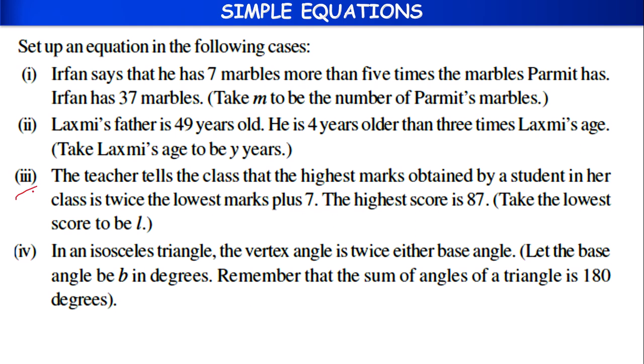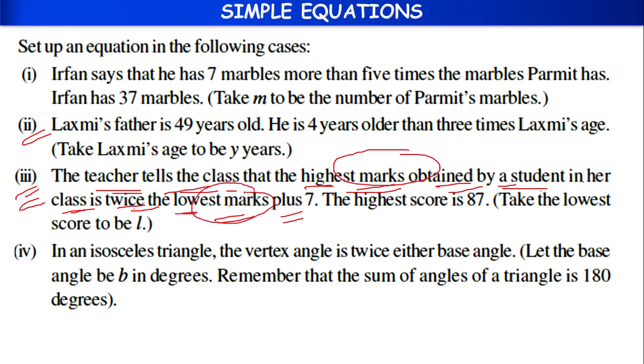Or let's see, third question. Second one you have to try, children. Third, the teacher tells the class that the highest marks obtained by a student in her class is twice the lowest marks plus 7. The highest score is 87.